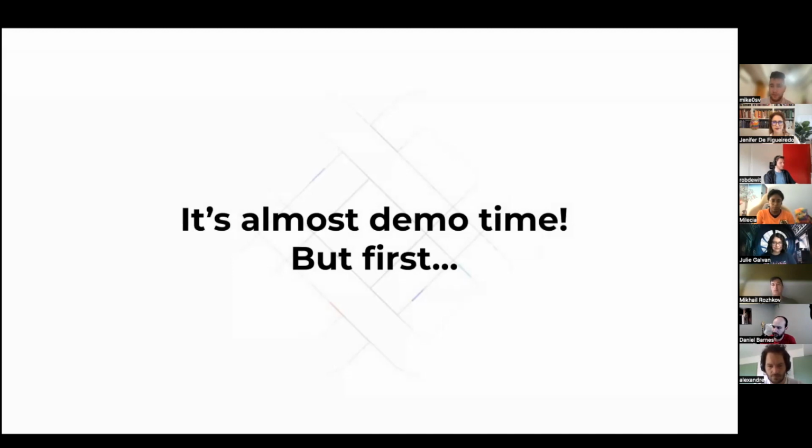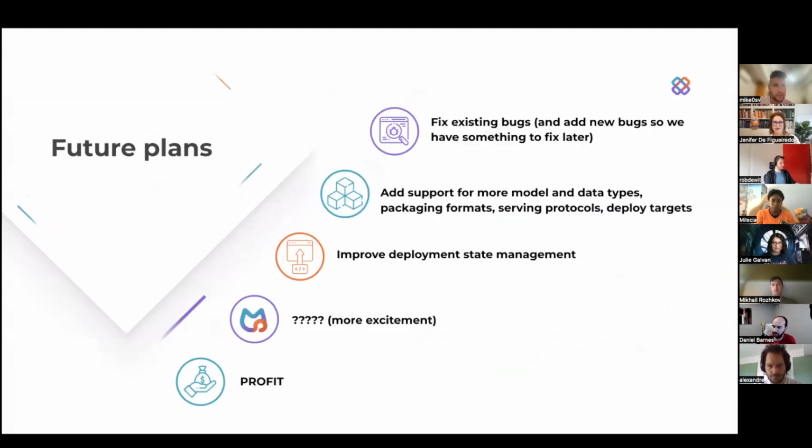So yeah, it's almost demo time, but first I want to share some future plans with you. Of course, we will fix existing bugs that we find, and maybe some of you will find. And while doing that, we'll add new bugs, so we have something to fix later. We will add support for more model and data types, more packaging formats, more serving protocols, and more cloud platforms that we support.